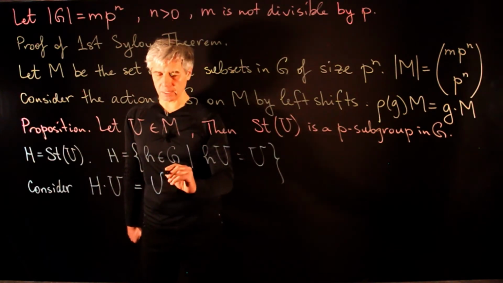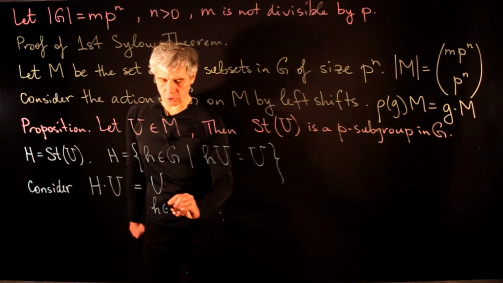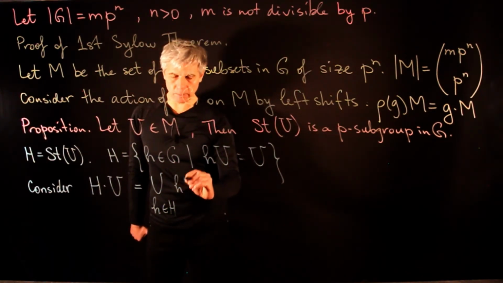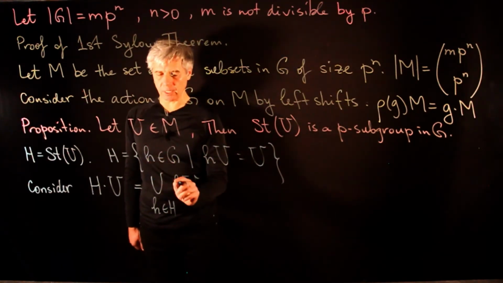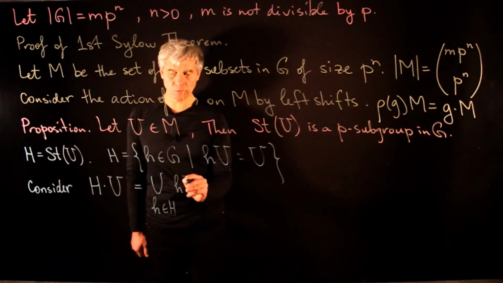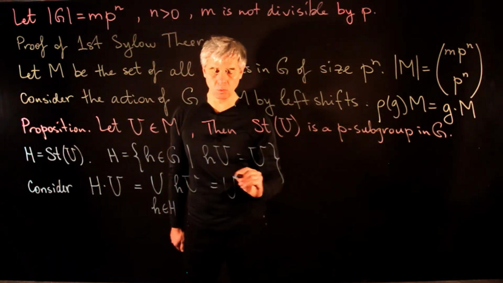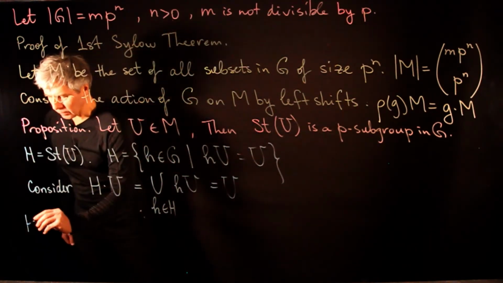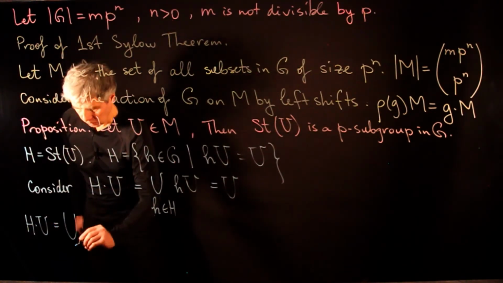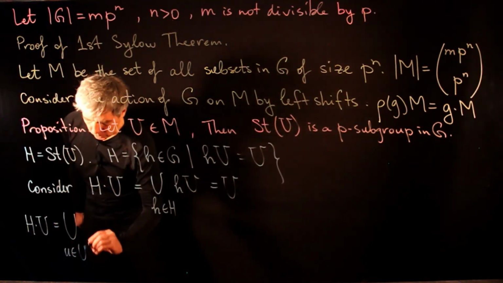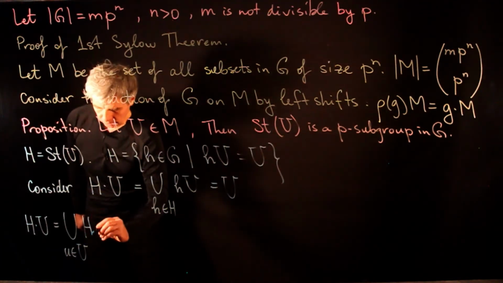We can write this as a union over h in H of h times U. But each element h belongs to the stabilizer of U, so we see that this is U. But also we can write H times U as the union over u in U of H times u.